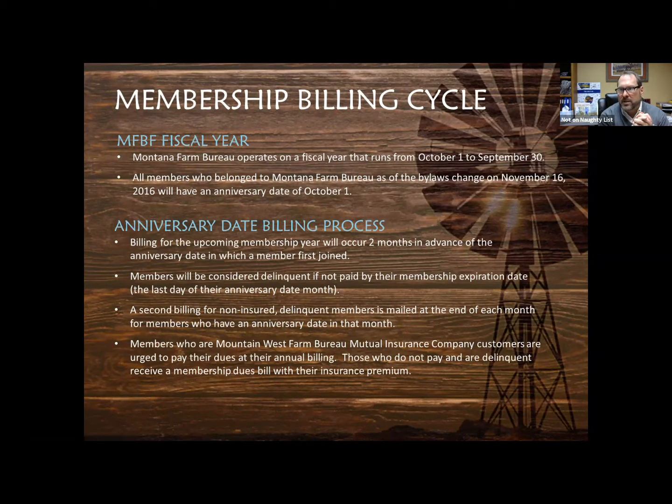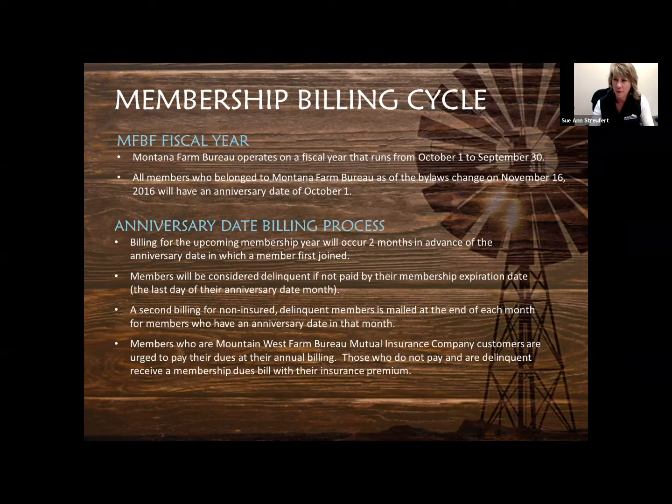They have to do it differently a little bit because of Wyoming law, but 45 days after that expiration date, and they still are not a paid up member of Montana Farm Bureau, Mountain West will put their dues on their next premium notice. So it'll just be a line item on that bill. They will collect those dues and then send them to us. So that's basically how that works.